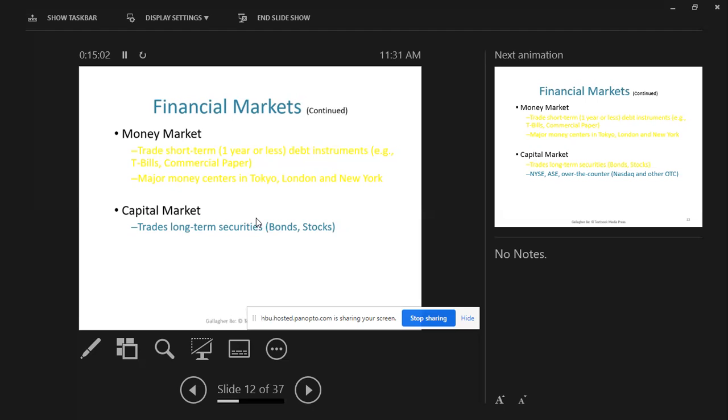When you're talking about the capital market, you can trade those securities on official exchanges like the New York Stock Exchange, American Exchange, and NASDAQ, or you just do it over the counter.